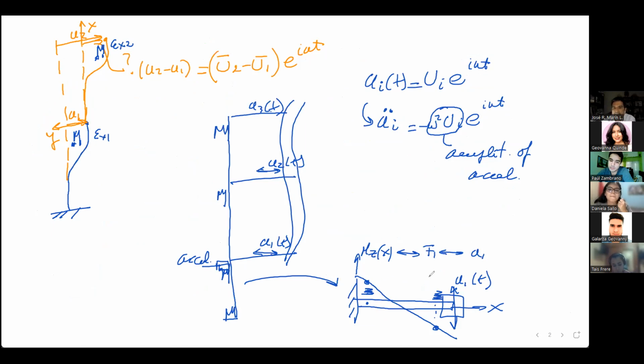So if you have F1 at this end, then you have this value of force and this value of bending moment, then you're going to have a certain strain here and a different value in this position. So for every value of U1, you have one strain here and another different strain up here. So you have two values. Okay, doctor, I understand now. I'm glad.